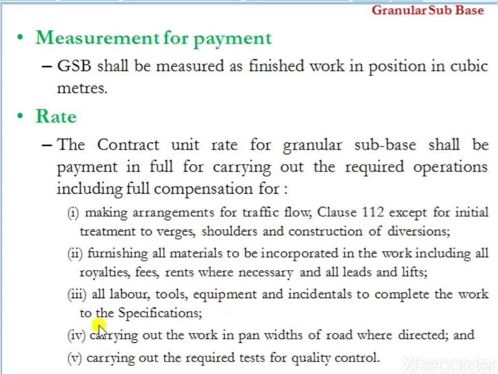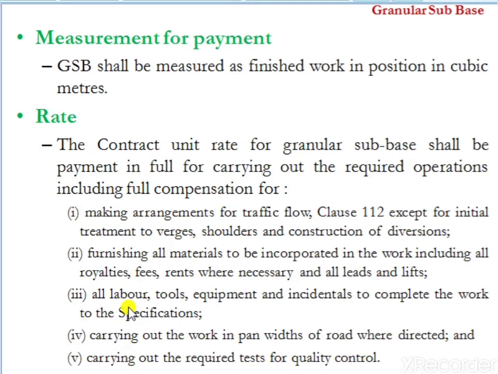Carrying out the work in part widths of road as directed, and carrying out the required tests for quality control. When we go for any project, it may be the construction of a building or of pavements, the strength of the material should be tested. For testing, the materials will be sent to labs or to some consultant agencies.